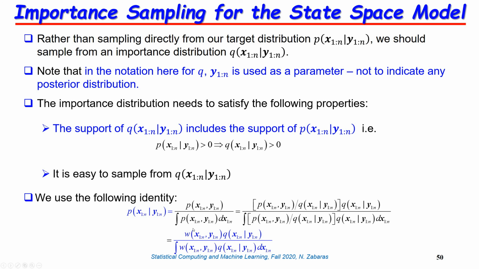Remember, little w is nothing else but the ratio of the unnormalized target distribution, which is gamma, or this joint of x and y, divided by q. All right? So you can immediately see from the derivation on the slide that we follow exactly the previous notation. So w again is the unnormalized target distribution divided by q, and the rest is exactly as before.